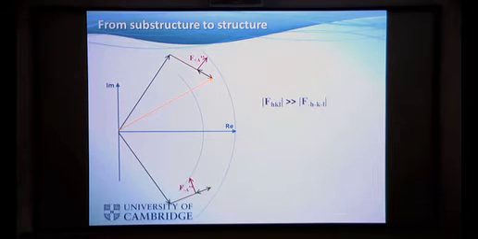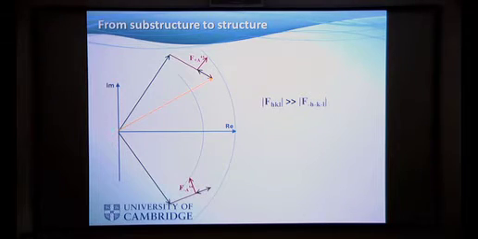We have F prime pointing slightly backwards, and F double prime pointing approximately against the direction of the original structure factor.